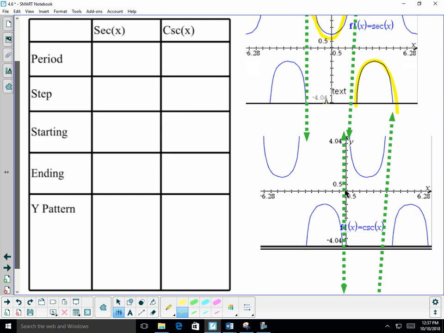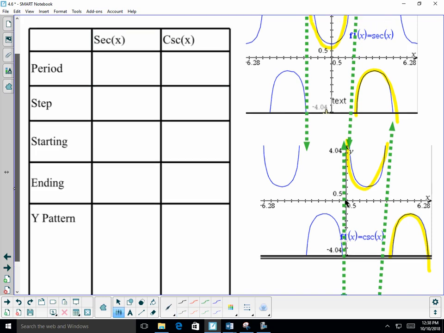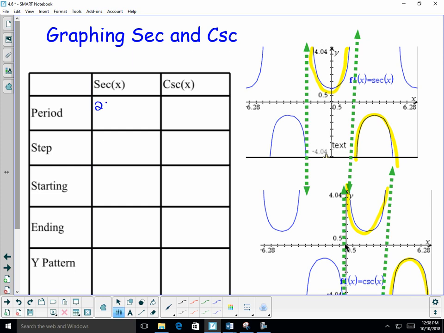That one starts at 0. Here's my up parabola. Here's my down parabola. It takes me 2 pi to get one complete cycle in. So when I go to do secant and cosecant, my normal period is going to go back to 2 pi. Both secant and cosecant. And I'm still going to divide it by b to find out whatever my new period is.